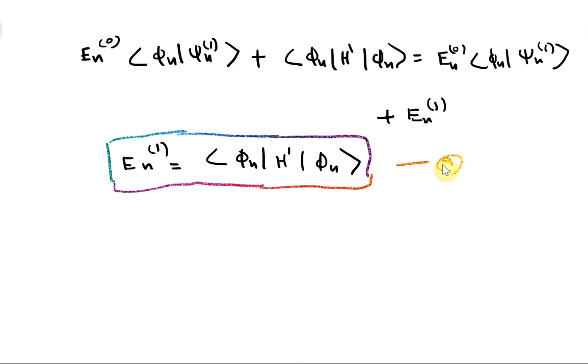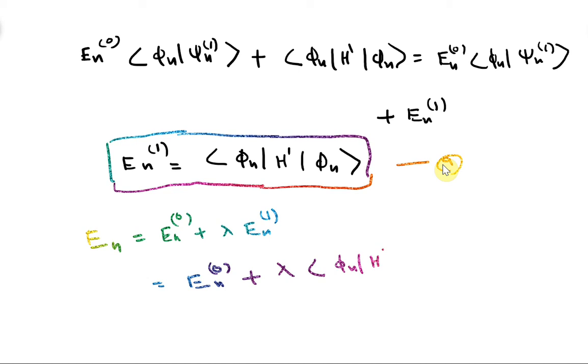So what is the energy of that particular state with the first order correction? En is nothing but En naught plus, with first order we know the series, lambda En1. So En naught plus lambda multiplied with this particular term, lambda into phi n h dash phi n.